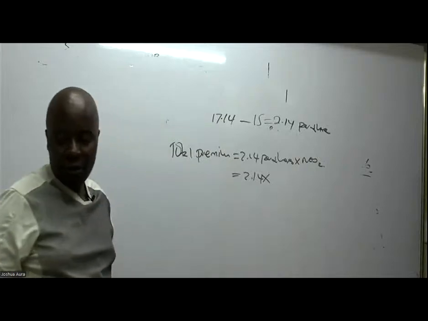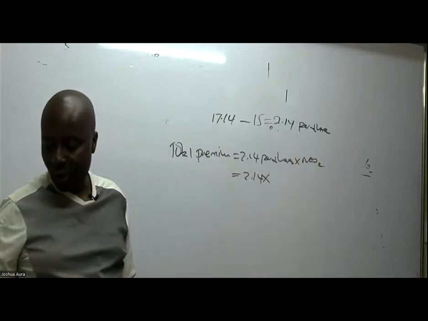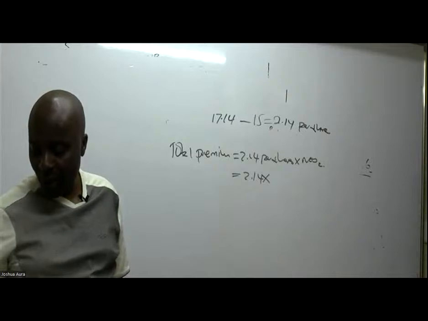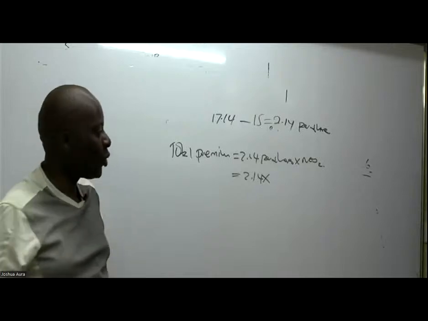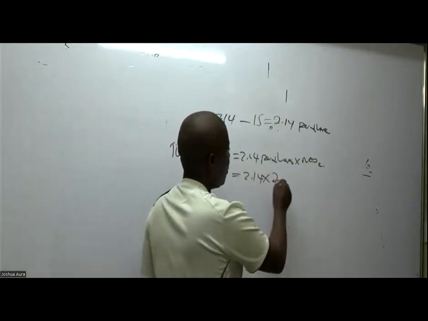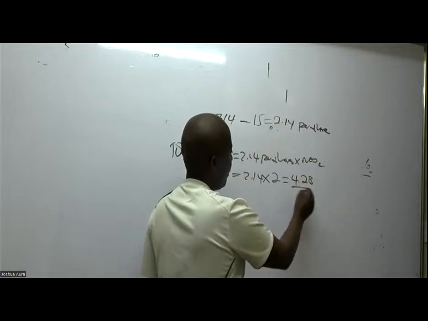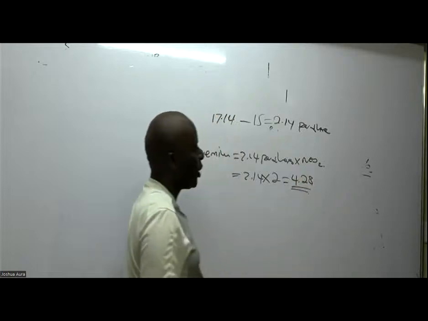Number of ordinary shares, which I can see there are 2. So 2.14 times 2 will end up giving us 4.28. So are we together here?